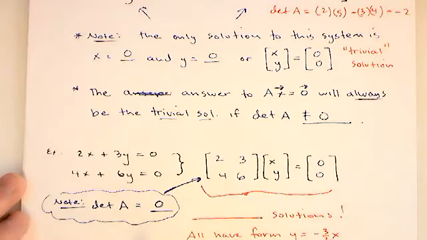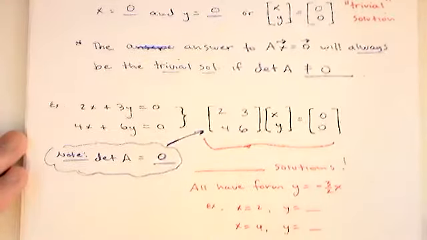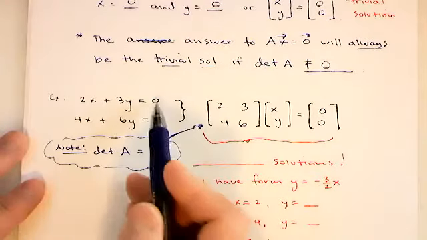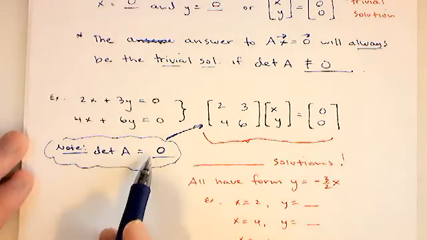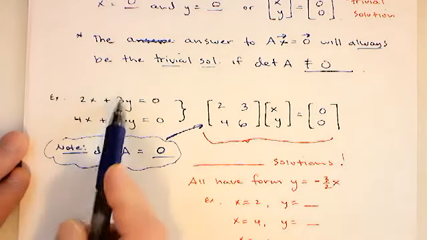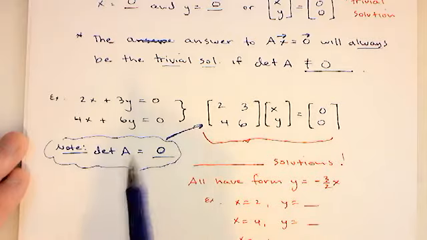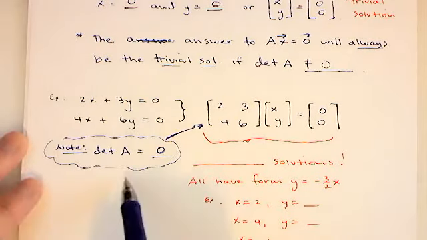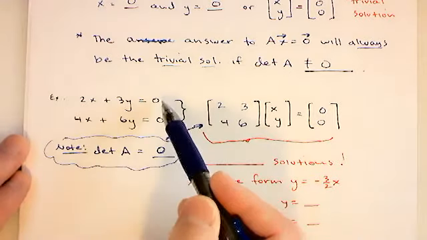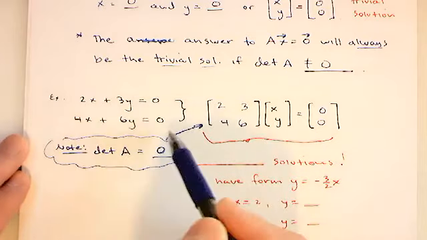Now, we talked about before, with non-homogeneous systems of equations where the right side doesn't equal 0, 0, that if the determinant is equal to 0, it could either mean that the lines are parallel or you're really just talking about the same line. Or in other words, there would be no solution or infinite solutions. But on a homogeneous system, if the determinant is equal to 0, there's only one option, right?